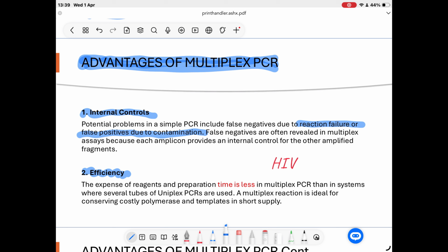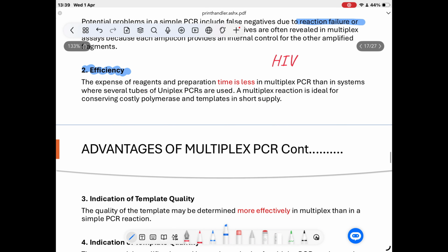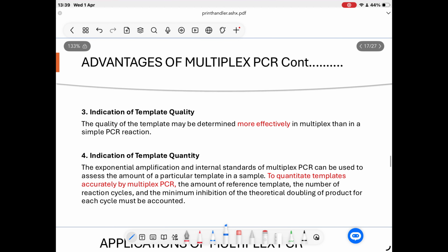It further lists indication of template quality and template quantitation. It notes that by mathematically accounting for reference templates, amplification cycles, and inhibition rates, you can assess the exact quantity of the target. Because we are using intercalating dyes or specific fluorescent probes, we aren't just looking at an endpoint gel. We are looking at the exact cycle number where the fluorescence crosses the background threshold, the Ct value.